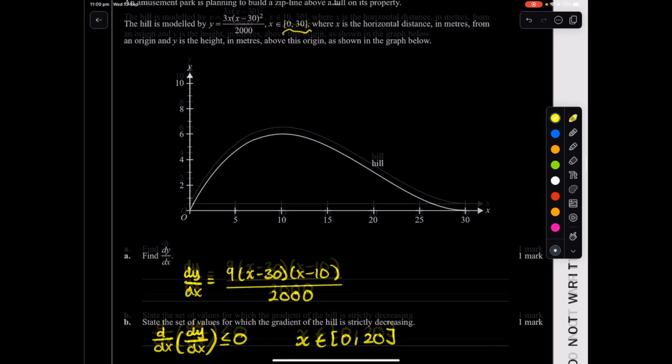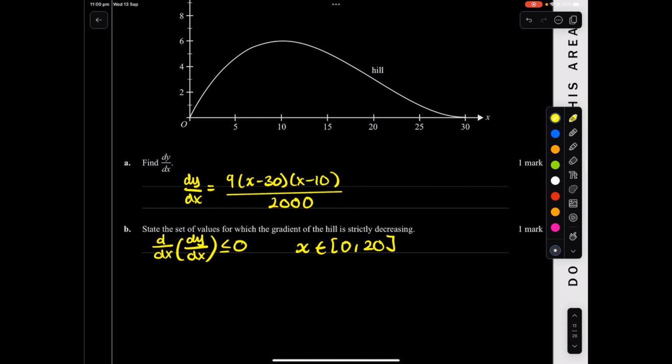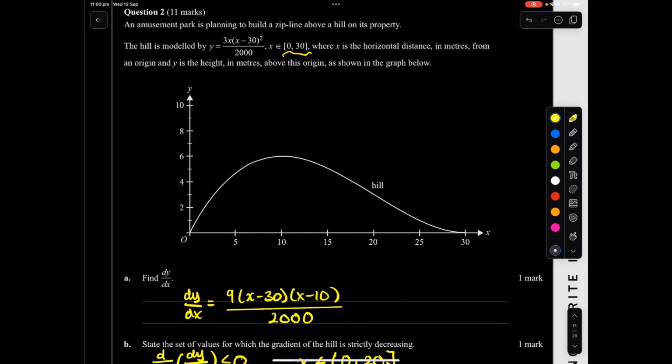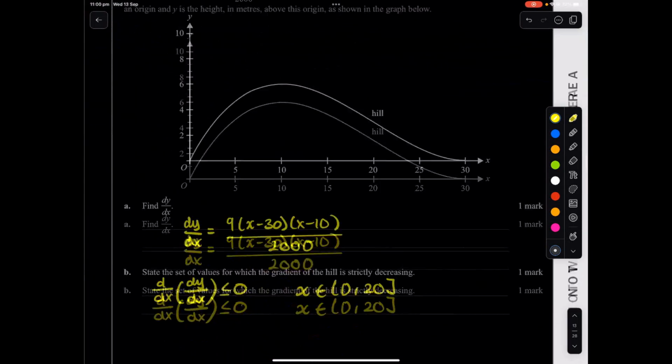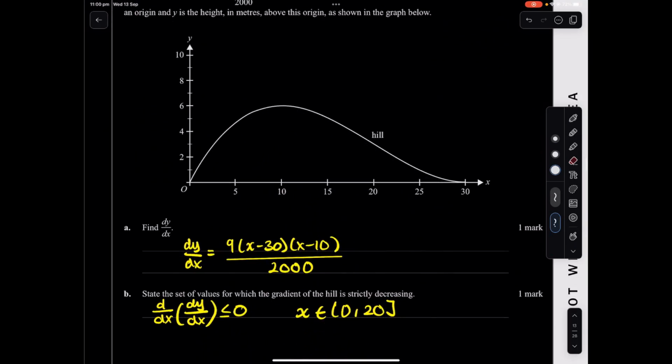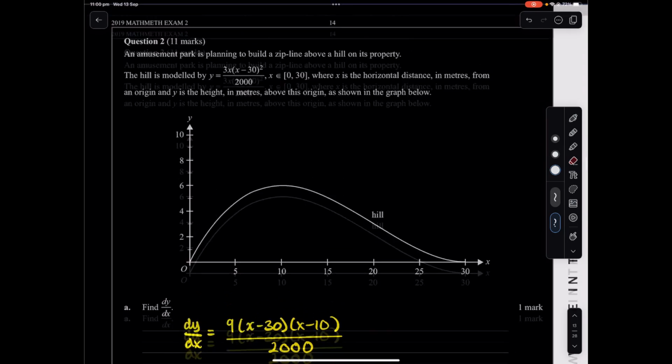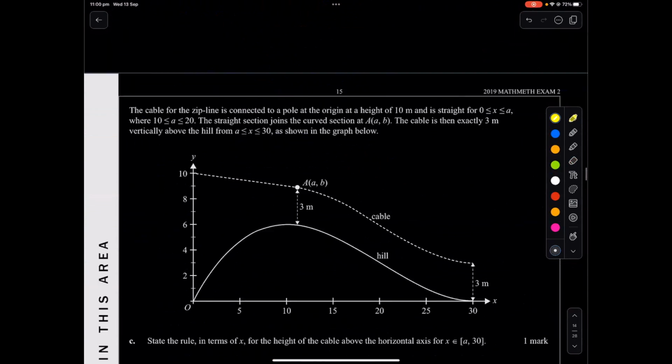So I'm just thinking, would that mean that you don't include 0? So x an element from 0 to 20. I hope that's right. I need to check the answers after, because I haven't checked the answers. I do these exams before having a look at the answers, so there may be some mistakes, but hope that's right.